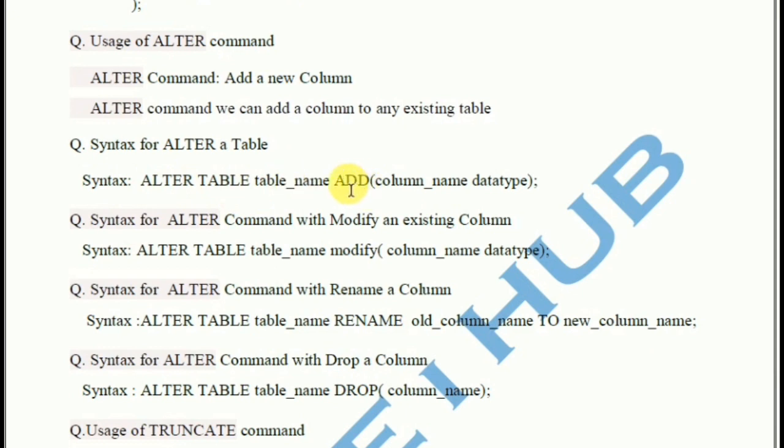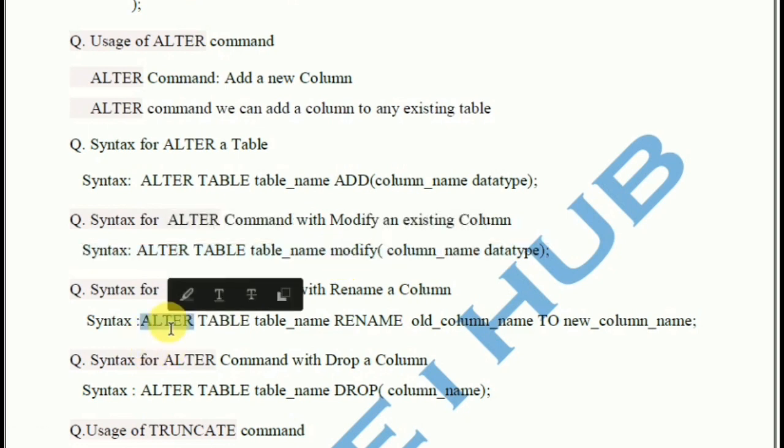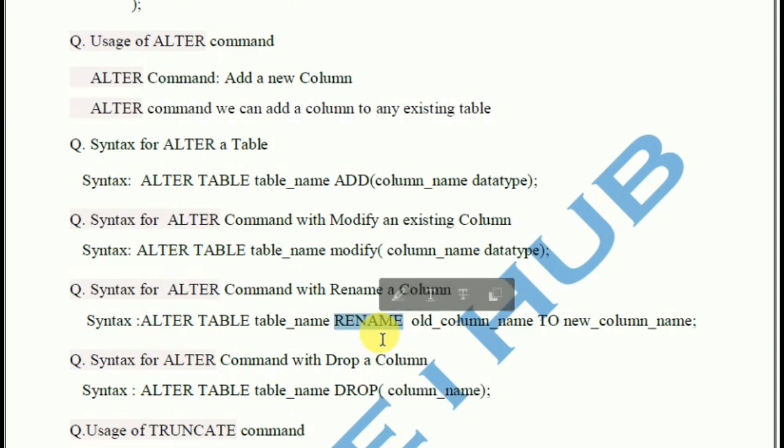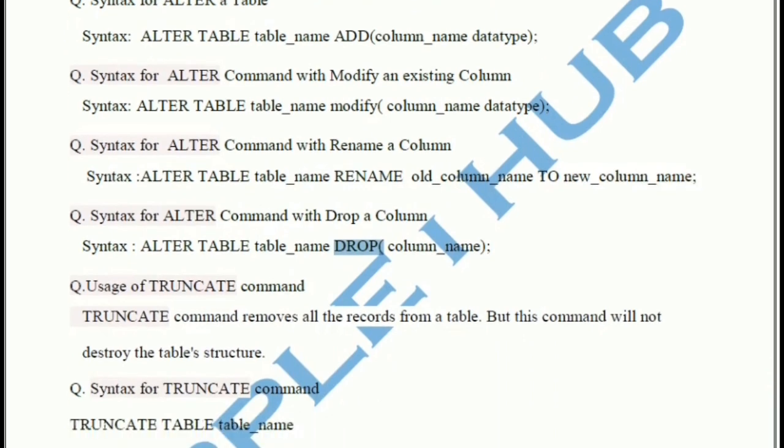If you want to add, add column name, data type. Alteration with add, alteration with modify, alteration with rename. In rename we can change the old name to the new name. Drop, so drop column, whatever column name we have to drop we can use.